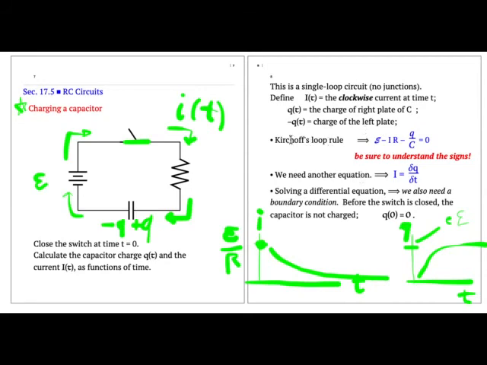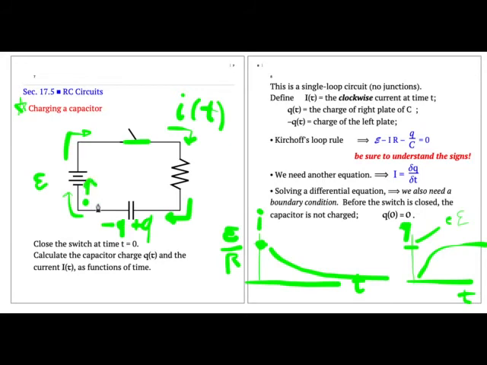Now, Kirchhoff's loop rule, something you need to read about in the textbook, says that the change in voltage around a circuit is 0. So let's calculate the change in voltage from this point around the circuit and back to this point.